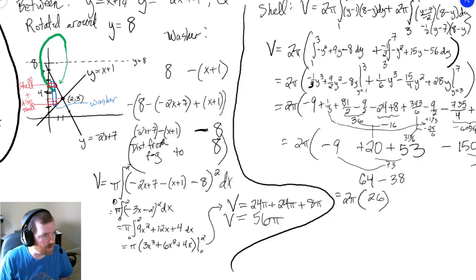This is negative 2x plus 7 minus parentheses x plus 1 minus 8.